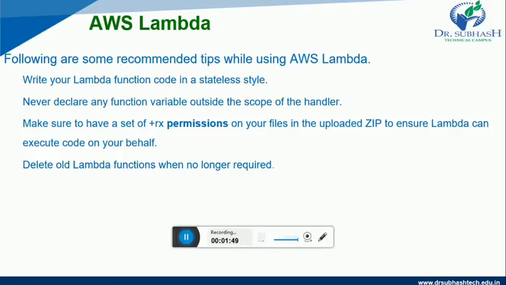Make sure to have a set of plus RX permissions on your files in the uploaded zip to ensure Lambda can execute code on your behalf. Delete all Lambda functions when no longer required. So friends, these are the recommended tips while using Lambda functions in AWS.